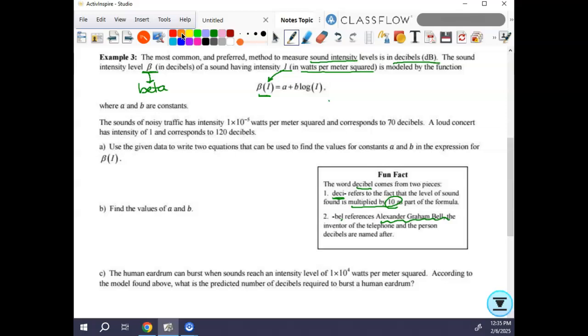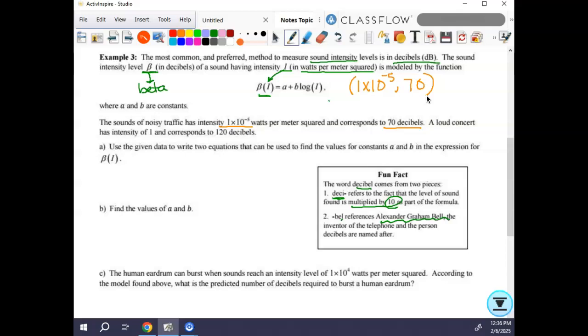Okay, so the sound of noisy traffic has the intensity level of 1 times 10 to the negative fifth watts per meter squared and corresponds to 70 decibels. Again, even if I don't know what any of that means, they have told us things we can use to figure out that our input is the intensity, our output is the decibels. So I can make an ordered pair of 1 times 10 to the negative fifth, comma, 70.